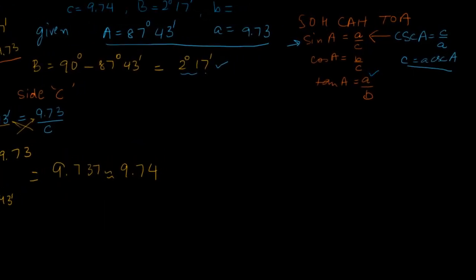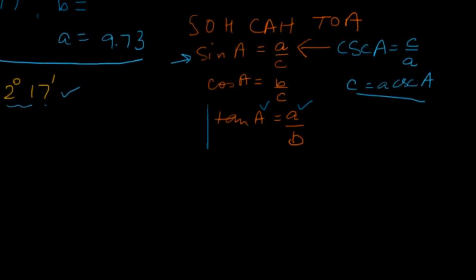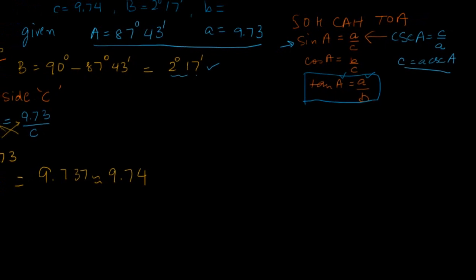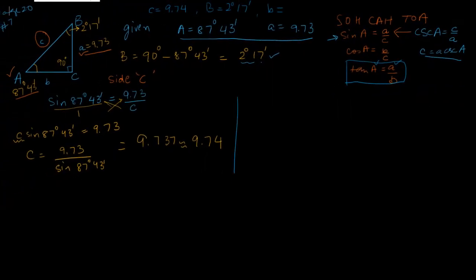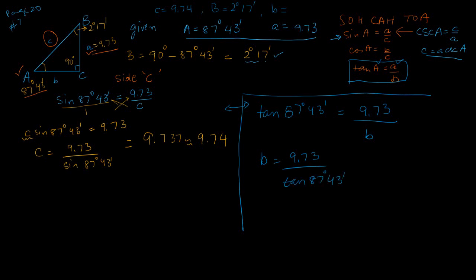Side A, angle A. So we are going to use tan A equals A over B to find the side B. So tan 87 degrees 43 minutes equals A, which is 9.73, divided by side B. And using similar steps, we can find B is equal to 9.73 divided by tan 87 degrees 43 minutes.